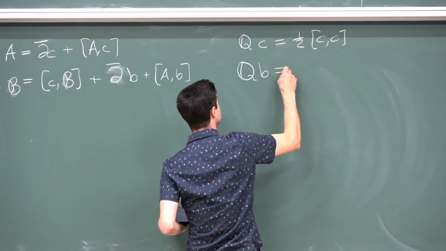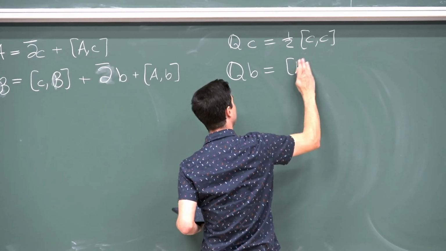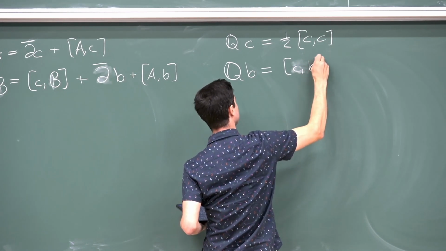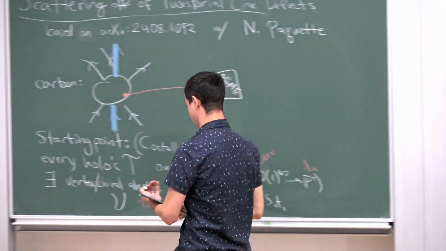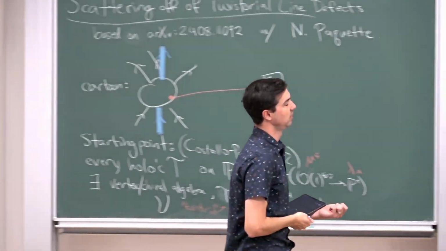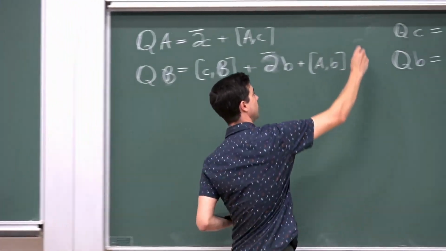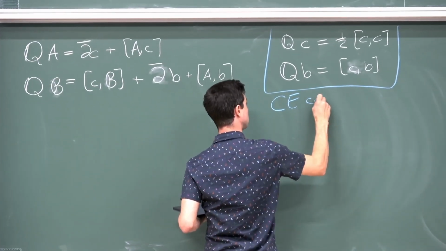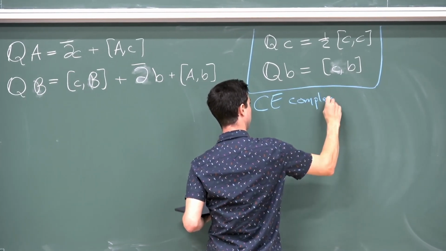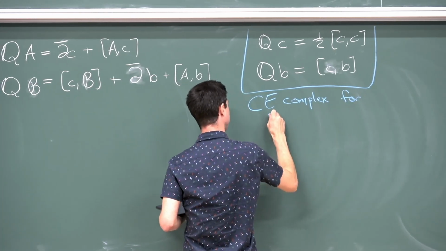And the B-type gauge transformation just transforms like that. And if you're familiar with this, you should think of this thing right here as the Chevalley-Eilenberg complex for gauge transformations.